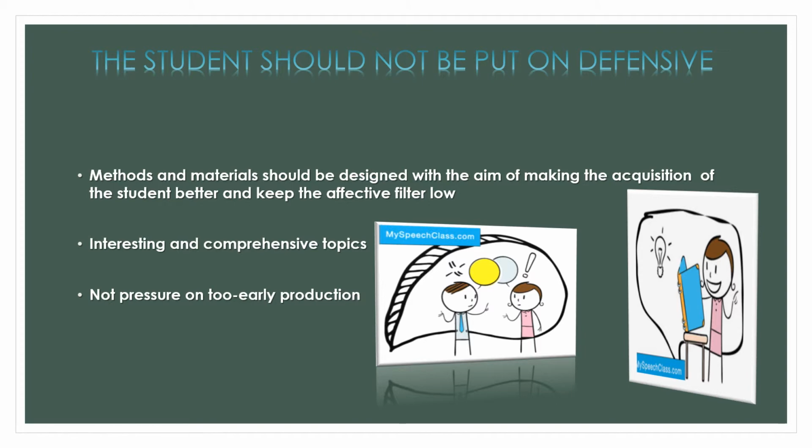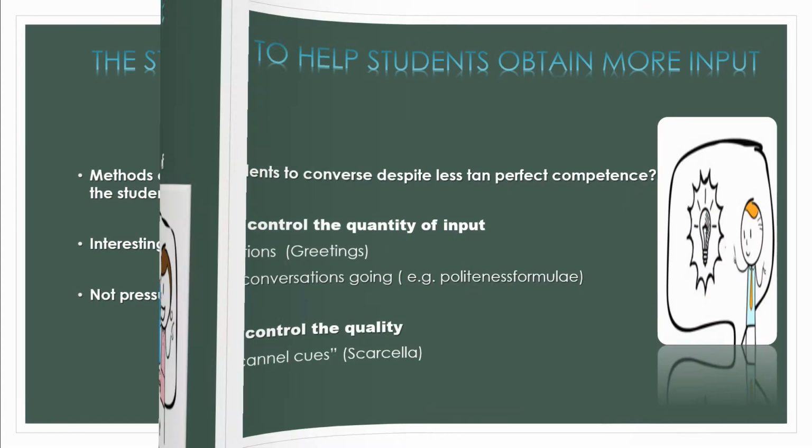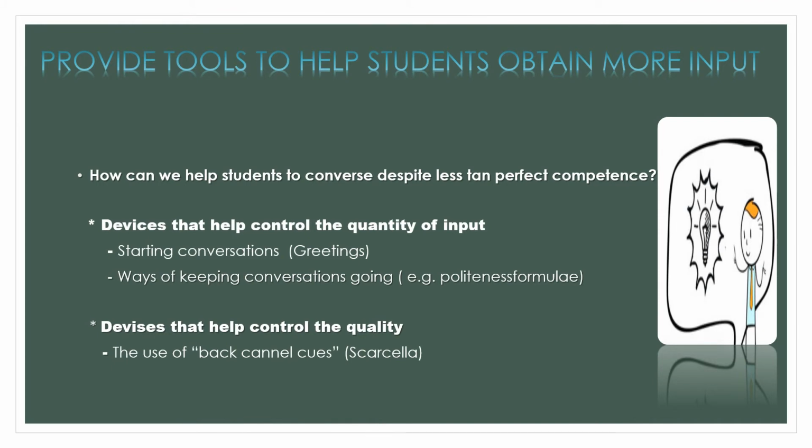Those acquirers whose attitudes are not optimal for second language acquisition have a high or strong affective filter. Even if they understand the message, the input will not reach the part of the brain responsible for second language acquisition. Those with attitudes more conducive to second language acquisition obtain more input and have a lower or weaker affective filter.